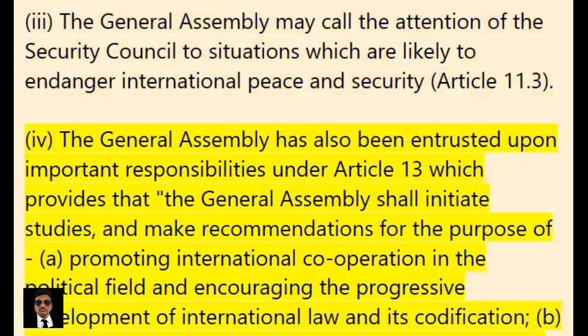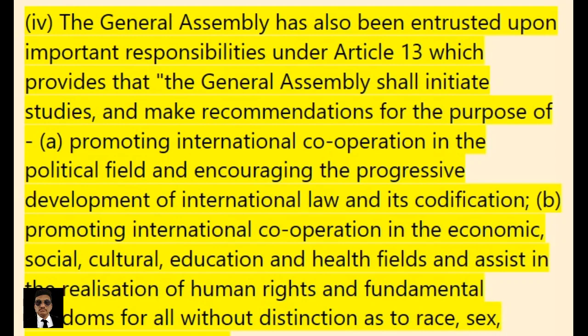4. The General Assembly has also been entrusted with important responsibilities under Article 13, which provides that the General Assembly shall initiate studies and make recommendations for the purpose of a. Promoting international cooperation in the political field and encouraging the progressive development of international law and its codification. b.